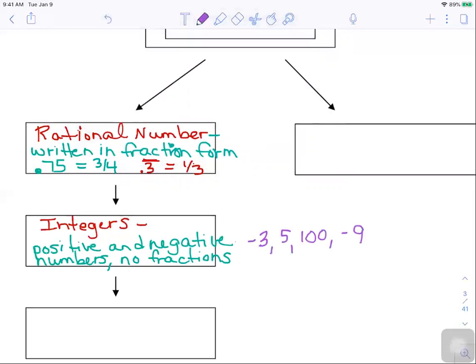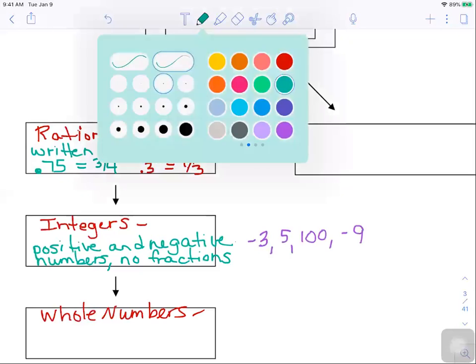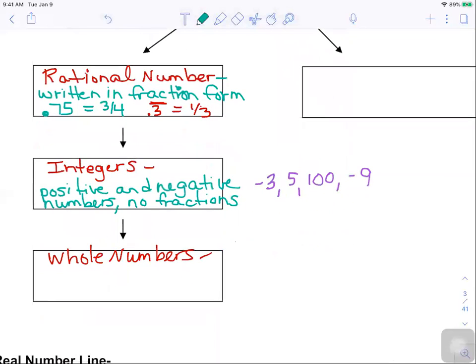And then at the very bottom, the last group is called whole numbers. Those are the first numbers that you learned. Whole numbers are only positive. Think about when you started counting, probably when you were 2 or 3, you were counting whole numbers: those positive numbers starting with 1 and going up.